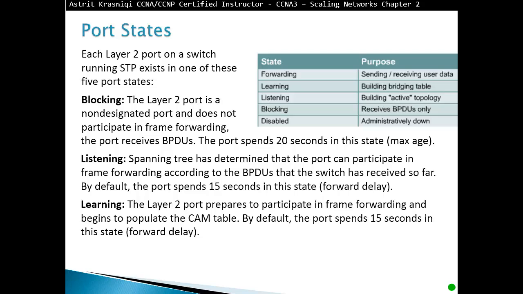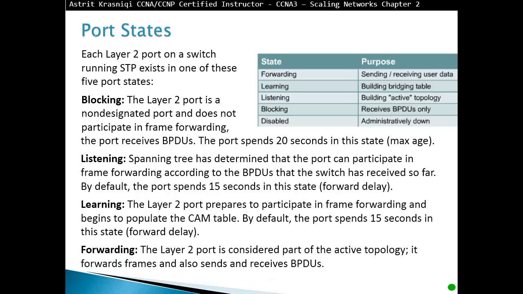After listening, we go to learning, and the layer 2 port prepares to participate in frame forwarding and begins to populate the CAM table. By default, the port spends 15 seconds in this state, which is the forward delay state. And then we go to forwarding. The layer 2 port is considered part of the active topology. It forwards frames and also sends and receives BPDUs.